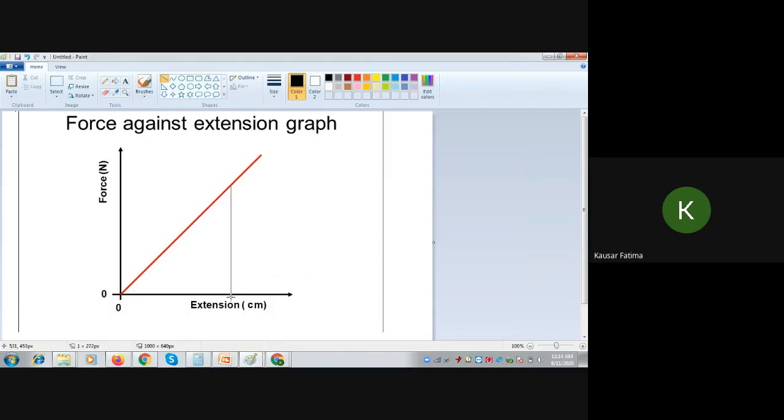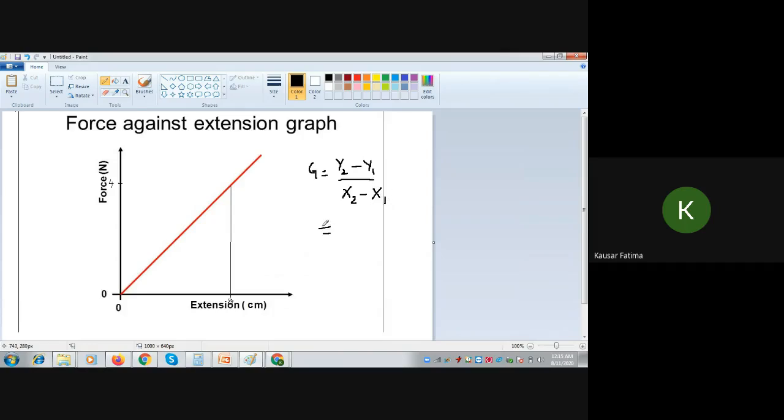So any value may be taken here. Suppose this value is 4 Newton, and suppose this causes 8 centimeter extension. So what will the gradient be equal to? y2 minus y1 over x2 minus x1. So gradient, y2 minus y1 over x2 minus x1.